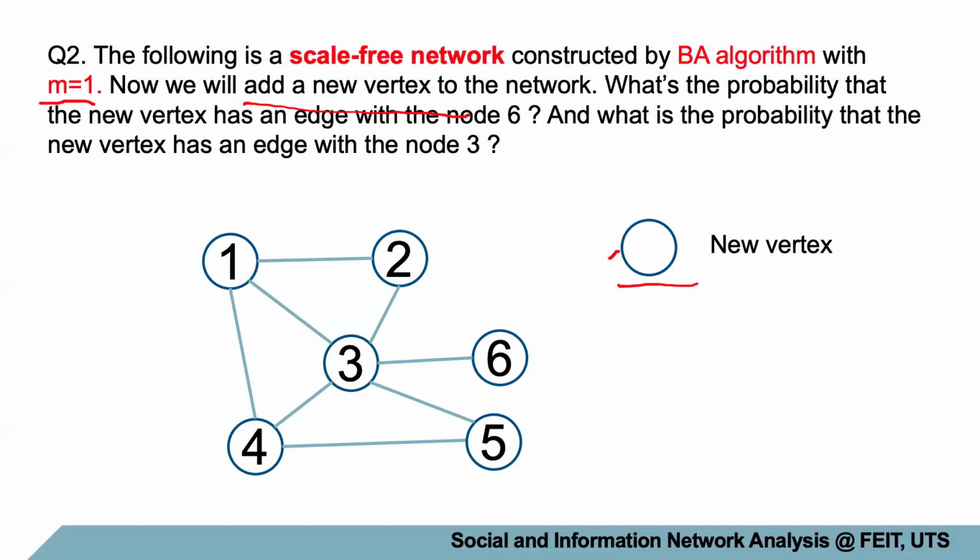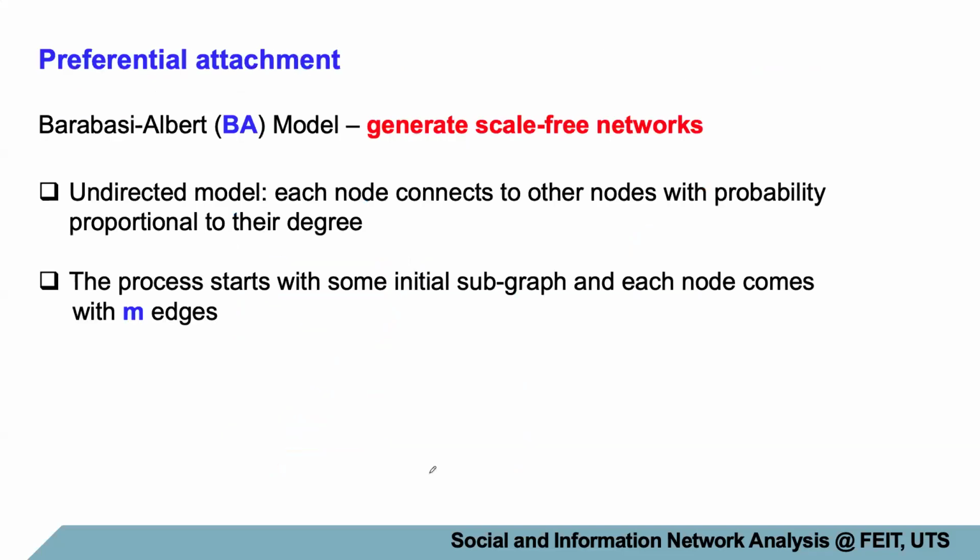Thanks for sharing your answer. We can work it together. First, let's review the BA model. Remember, when adding a new node, the probability that this node connects to other nodes is proportional to their degree.